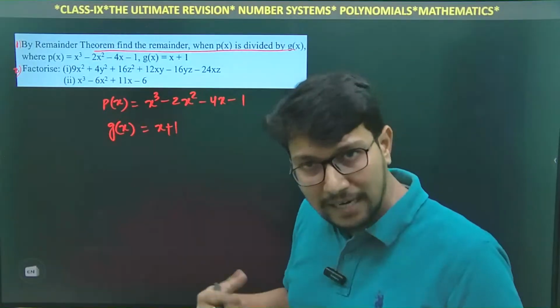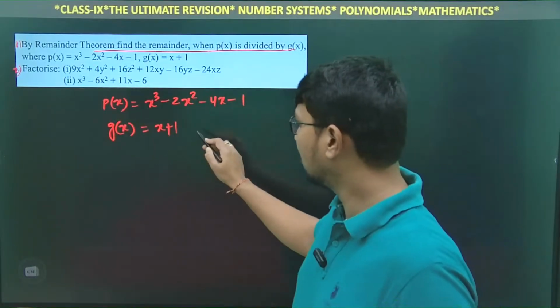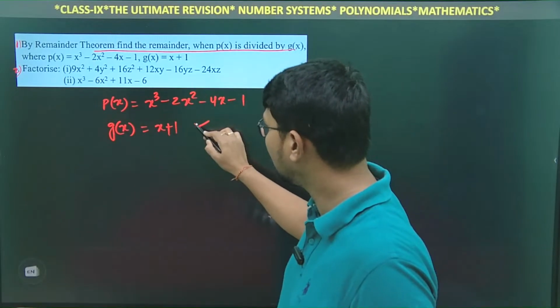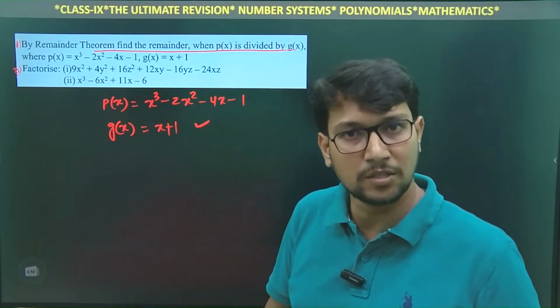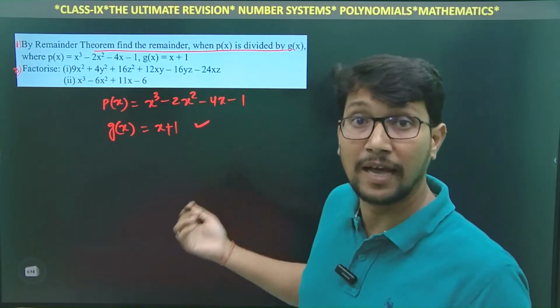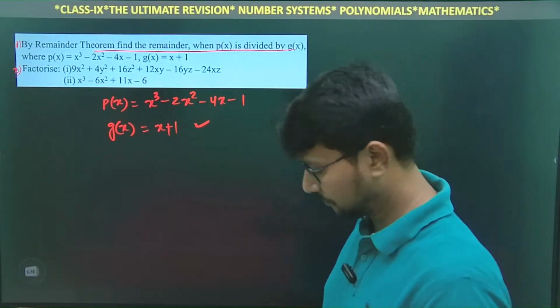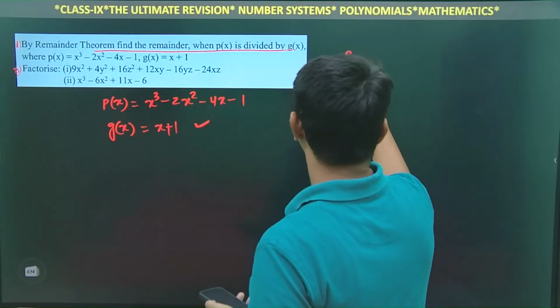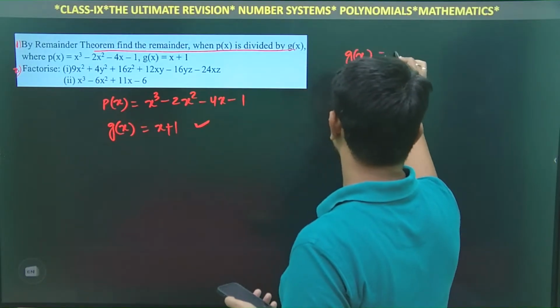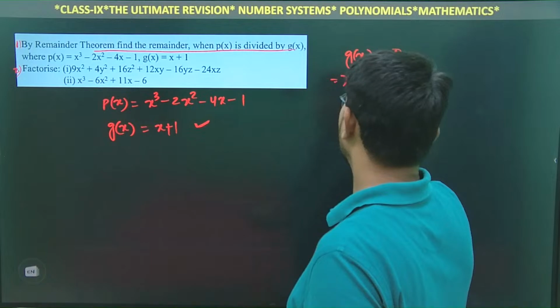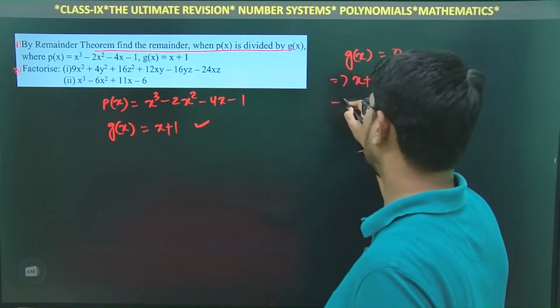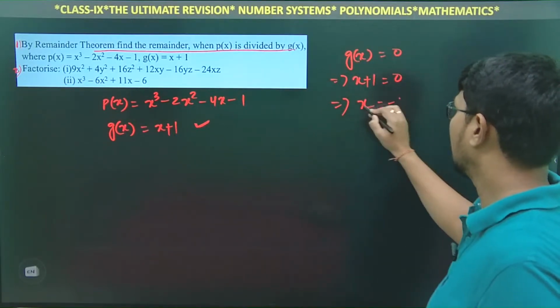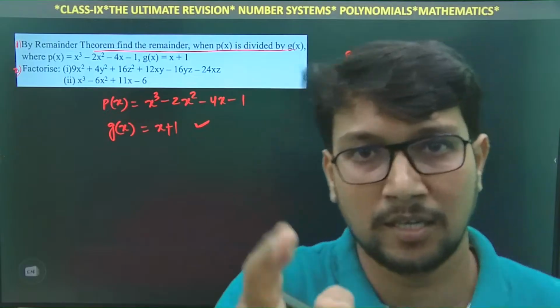While finding the remainder, you have to equate g of x with 0 to get the x value. So g of x is 0, but g of x is given as x plus 1, so x plus 1 equals 0, so x equals minus 1. Is that clear, everyone?